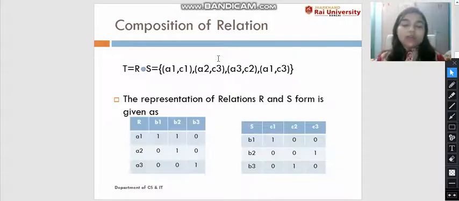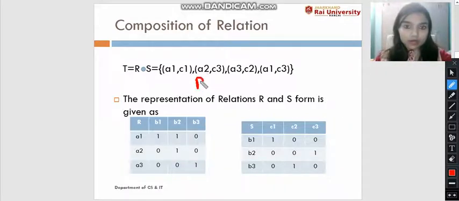We can represent R and S using a matrix method. Let's see. R is the relation between x and y. The elements of x are a1, a2, a3 and the elements of y are b1, b2, b3. So we have to draw the matrix between x and y. Now let's check where I have kept 1 and where I have kept 0.